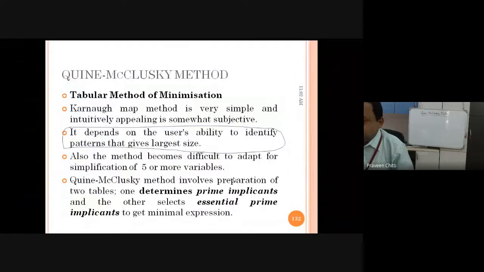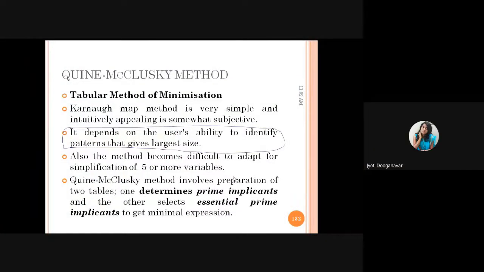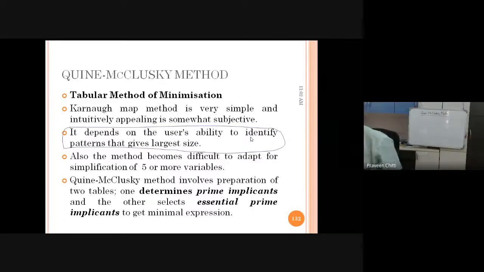Product term. Say loudly. Product term. All product terms we can't call a prime implicant. So what exactly do you mean by prime implicants?